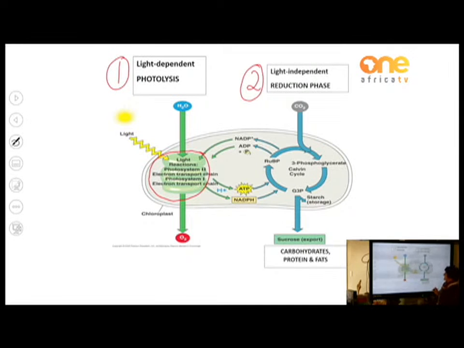And in the second one, we are going to look at whether it is really oxygen that is produced during photosynthesis. So both the investigations today will be part of the stage 1 light-dependent phase of photosynthesis. Good.